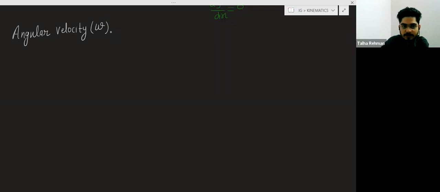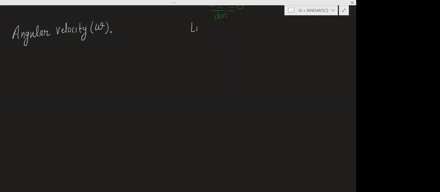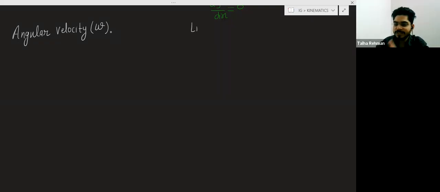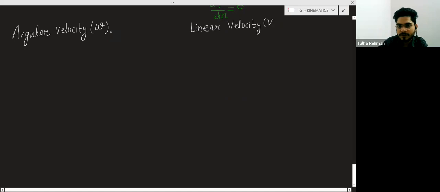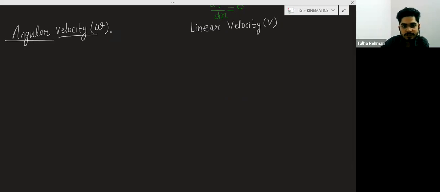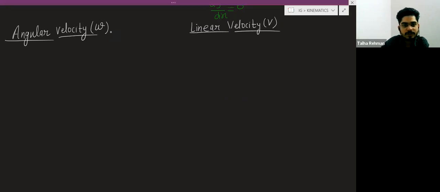Linear velocity and velocity are the same thing. I am saying linear velocity because I want to differentiate. Linear velocity is v. So this is your angular velocity, and this is your linear velocity.